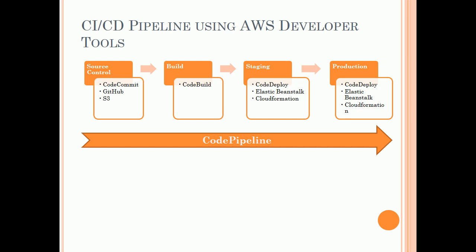And all these tools can be used to deploy the code to the production environment also. So AWS CodePipeline will integrate all these services and automate the release management process. So this is how we can use AWS Developer Tools and automate the release management process.